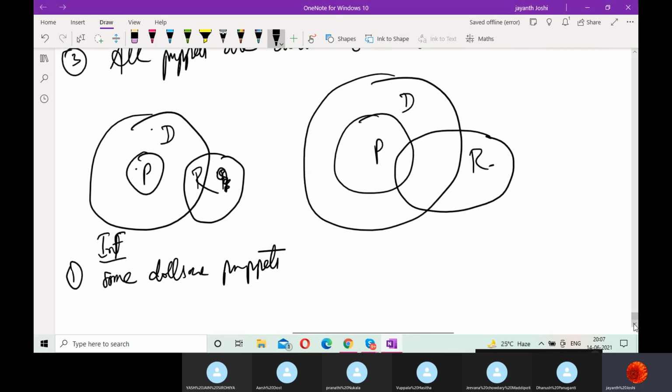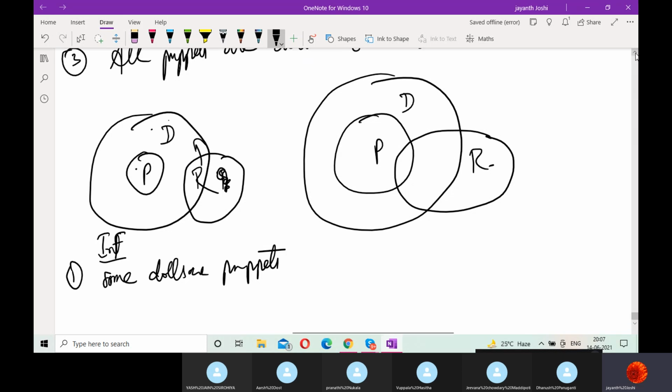Point number two, some rattles. See, the dolls are the biggest one, and rattles are cut dolls. So some rattles are dolls.